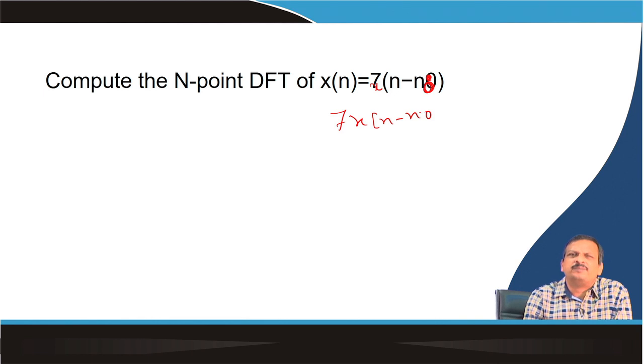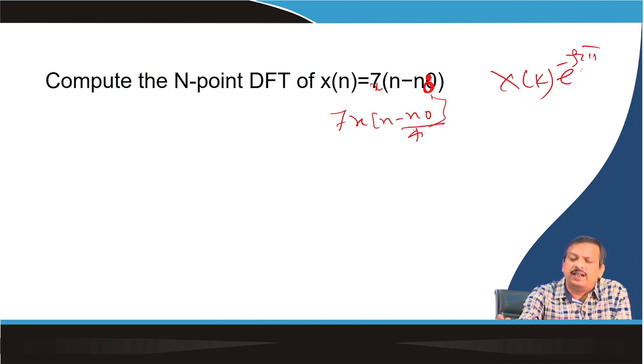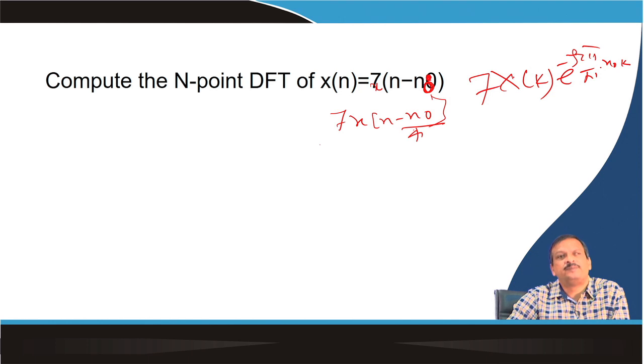Very simple. You can calculate, n minus n0 is the shift, x of n gives X of k, and n0 is the shift, so e to the power minus j 2 pi by N into n0 k, and 7 will be multiplied, scalar multiplication.